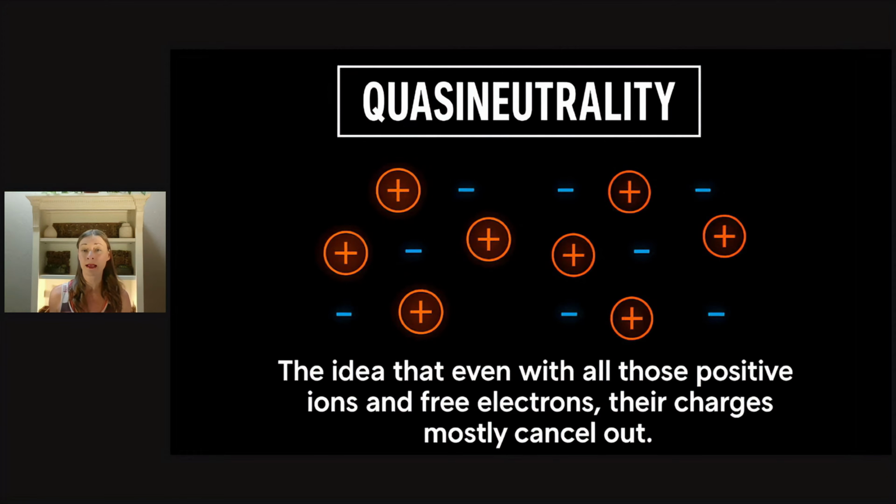Now, it's not perfectly balanced, but it is neutral enough to hold plasma together. Local imbalances can happen, especially near boundaries or in active regions. But across the bulk of plasma, the charges nearly cancel out. This is what allows plasma to move, stretch, and self-organize without flying apart.